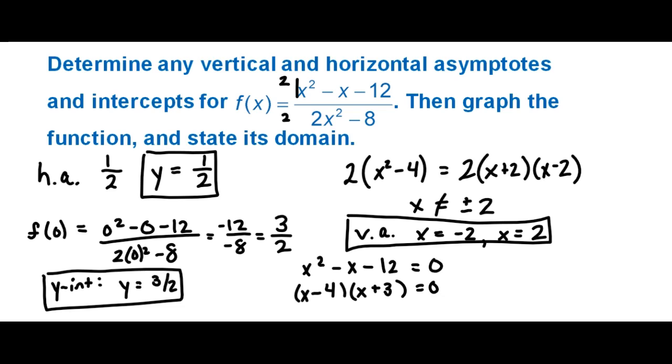So that tells me I have an x-intercept at x equals positive 4, since that factor would need to be a 0, and x equals negative 3. So those are my two x-intercepts.